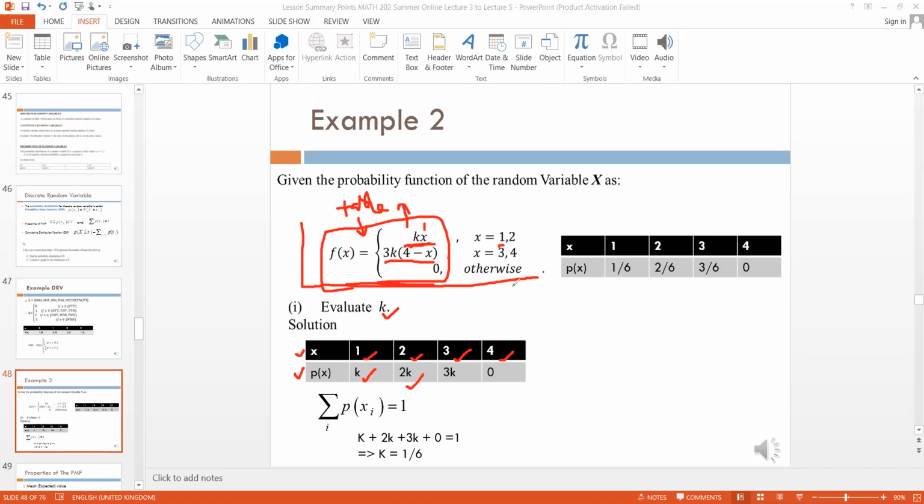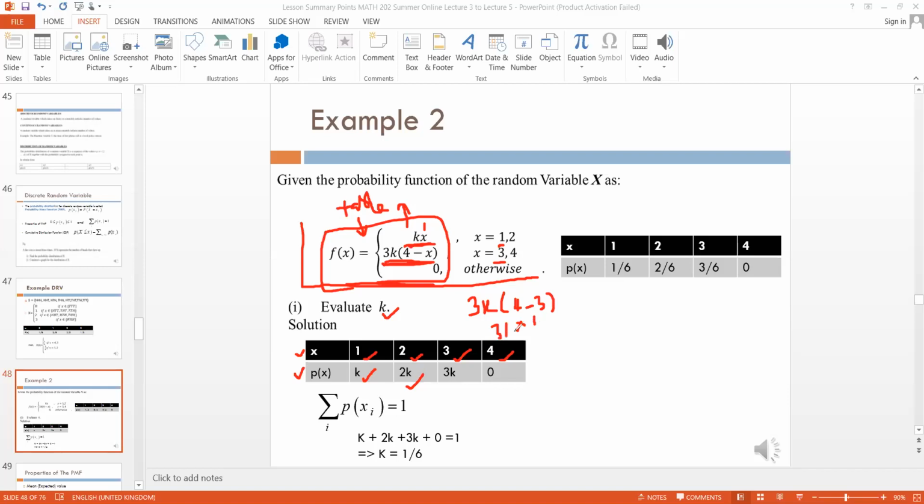Then if x is 3, this time we are on a different domain. So this becomes 3k into bracket 4 minus x. But x is 3, so it will be 3k into bracket 4 minus 3, which is equal to 1 times 3k.